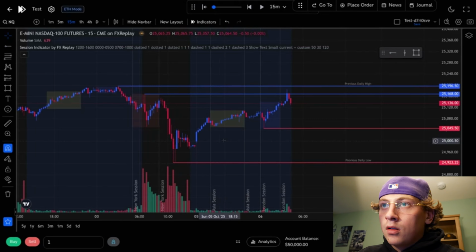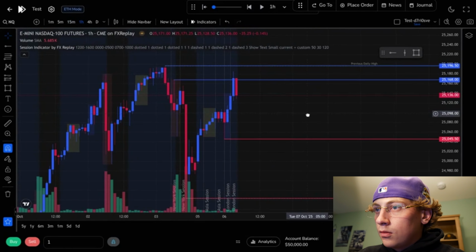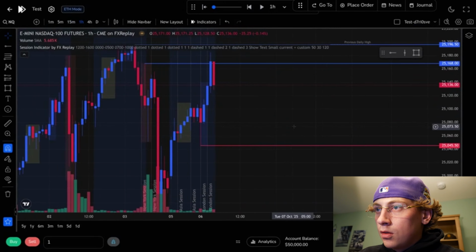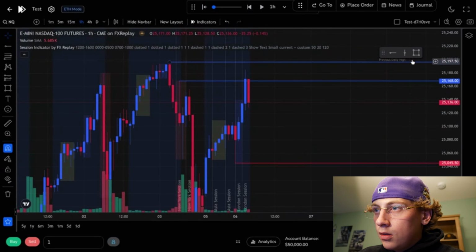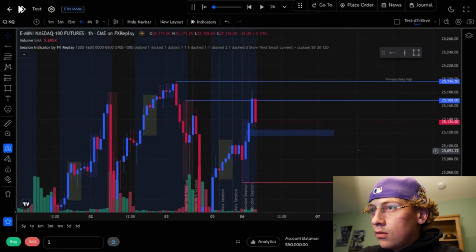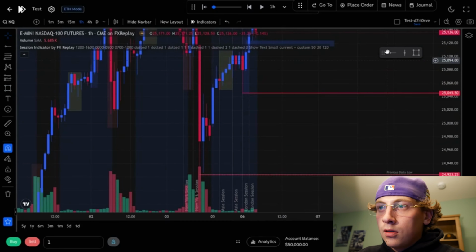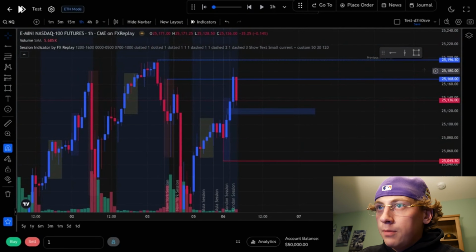So if we go up to the 1 hour, you can see this gap's been filled. We're going to have this gap here. And no highs or lows to mark out, so those will be my targeted levels for the day.